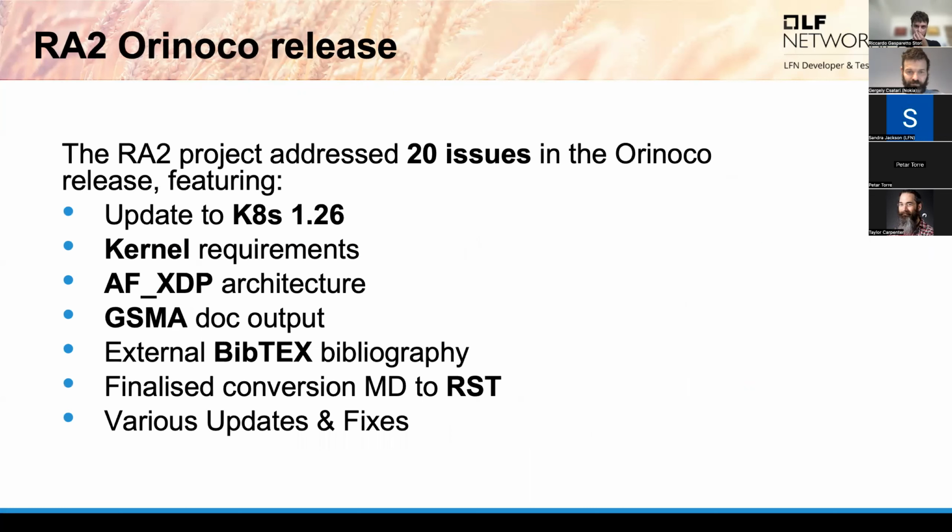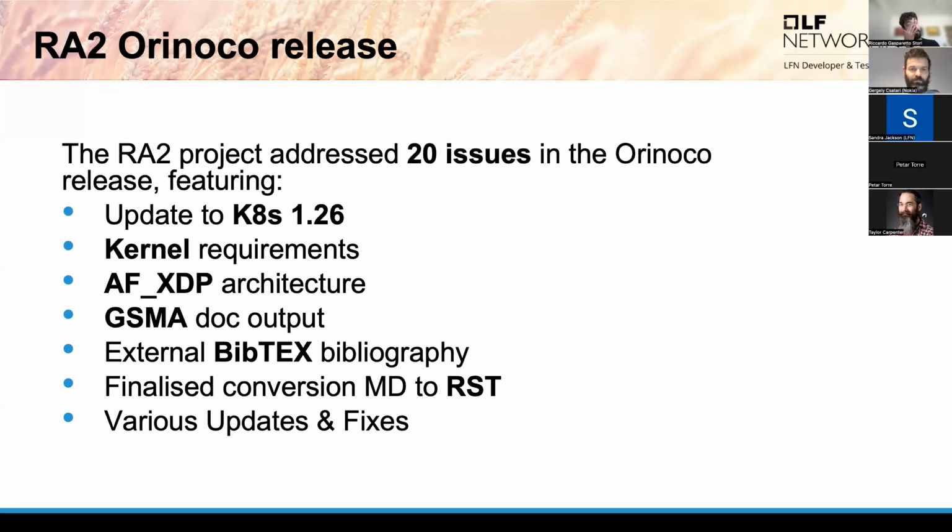Without further ado, let me just go over what we've been doing in this release. We've addressed 20 issues, and among these, the highlights include the update of the Kubernetes release.